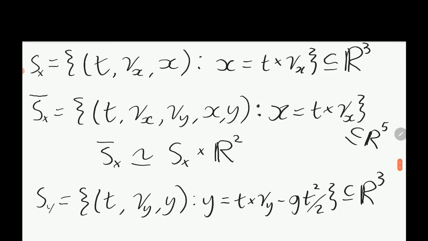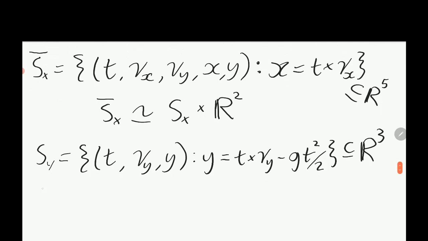It's just a load of triples of numbers which satisfy this kind of property, and therefore are basically telling us about how our particle is falling. But what we're then going to do is basically the same kind of trick that we did before. We're just going to puff out this set so we can think about it as something in 5-dimensional space.